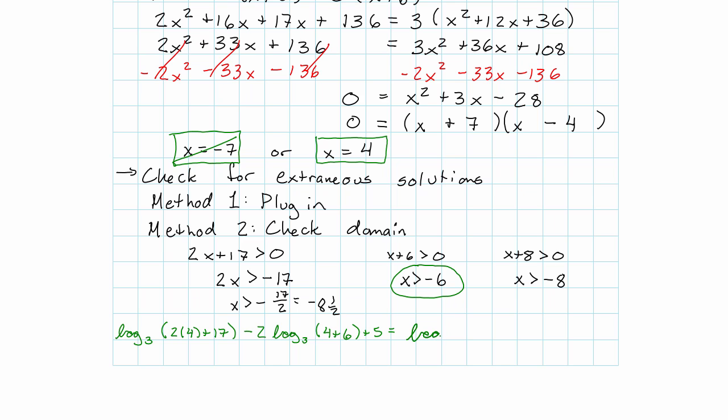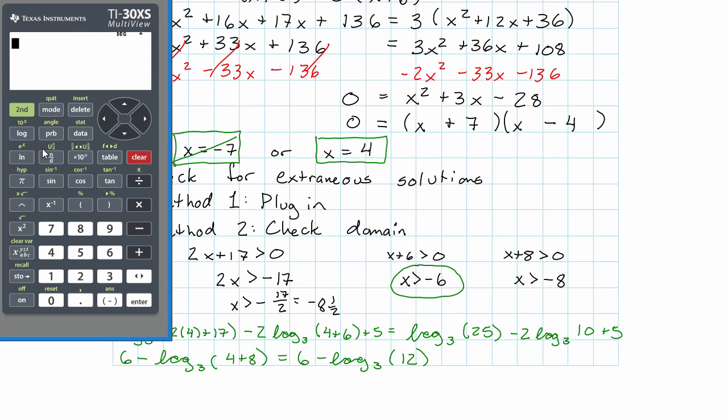That's the log base 3 of 25 minus 2 times the log base 3 of 10 plus 5, which is going to be some horrible decimal. We'll put that into our calculator in a moment. On the right, we have 6 minus the log base 3 of 4 plus 8. That's 6 minus the log base 3 of 12. Let's see what we get here.